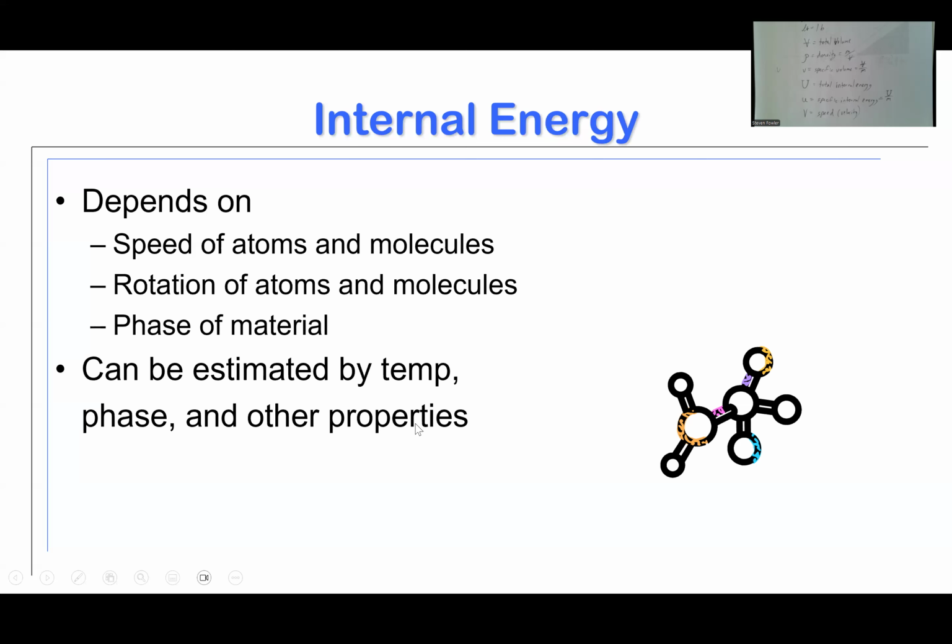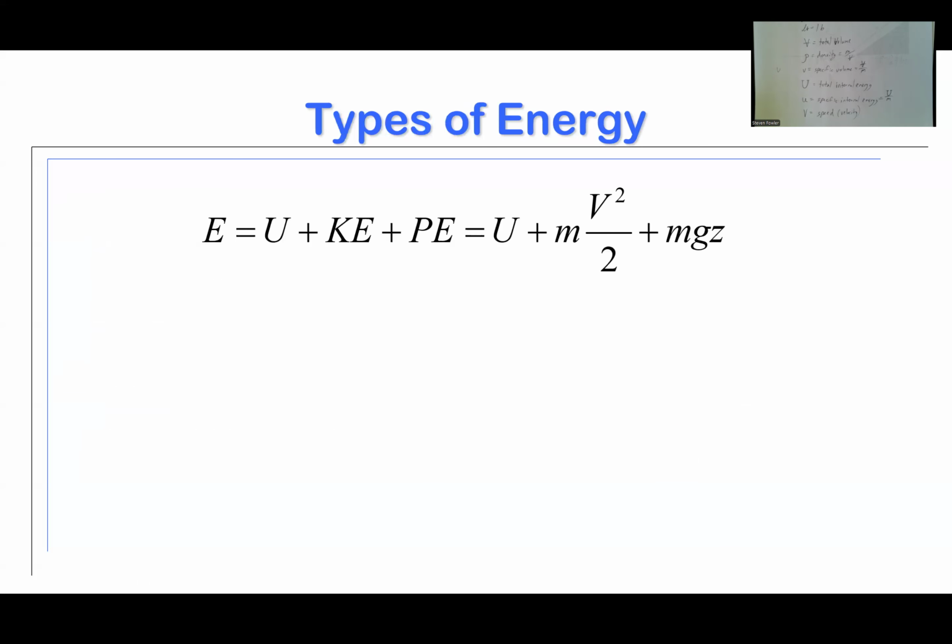And that's going to be really our focus of chapter 3: how do we estimate the microscopic energy of the molecules within a system based on things that we can measure, because we have multiple ways of measuring temperature and volume and pressure. We talked recently about the manometer, a very low-tech, simple way of measuring pressure, but we will base our estimates for the U value off of things that we can measure.